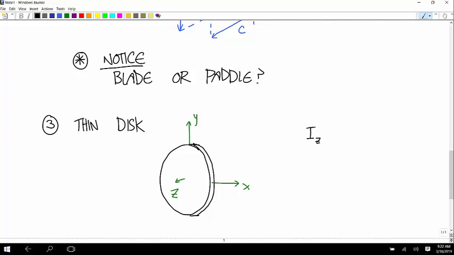So any kind of rolling problem or a gear type problem, we're dealing with a rotation about Z. This is 1/2 m r squared. R is the radius of this disk.